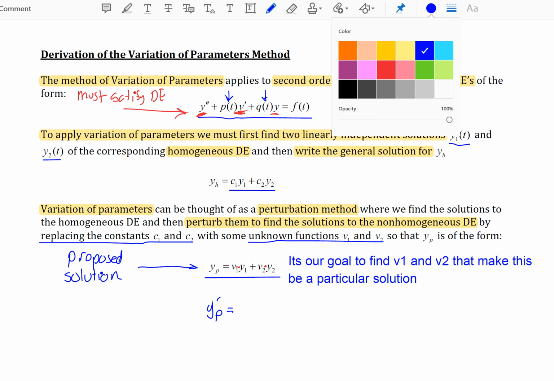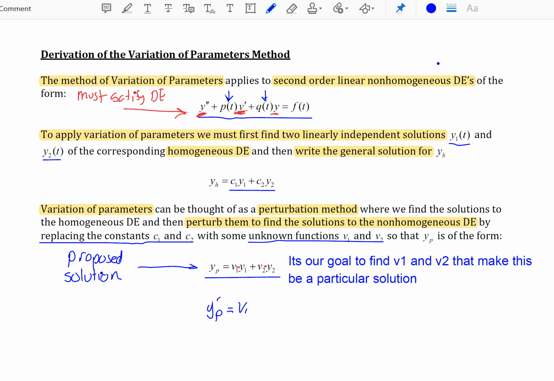So here, the derivative of yp is v1 prime times y1, plus the derivative of the second is y1 prime times v1. That, so far, is the derivative of this term. Plus, the second one is v2 prime y2 plus y2 prime v2. And that'll be the derivative of the second term.